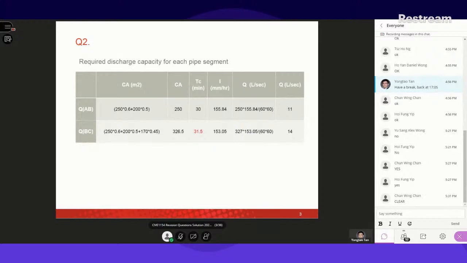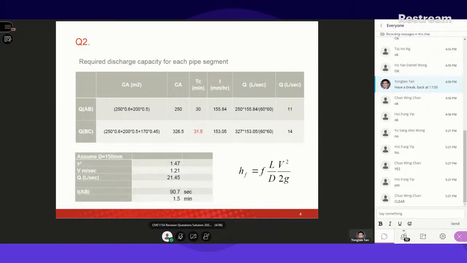Then we find the intensity from the IDF curve or table, so we can get the peak discharge to the pipe BC. Now for the time of concentration of the pipe BC, how can we get it? We need to get the time of the flow in the pipe.